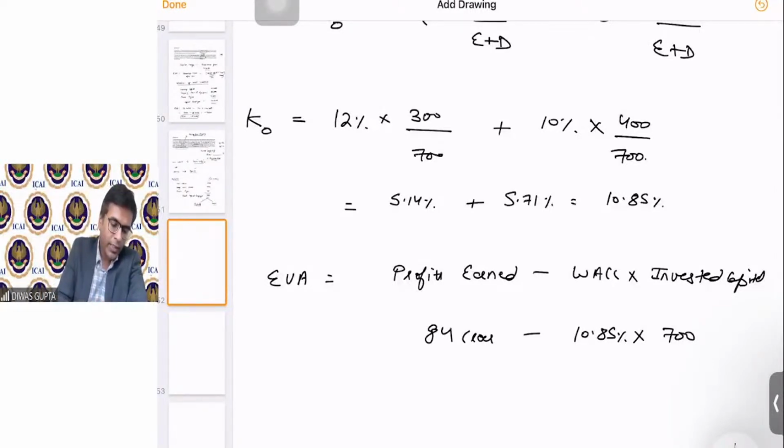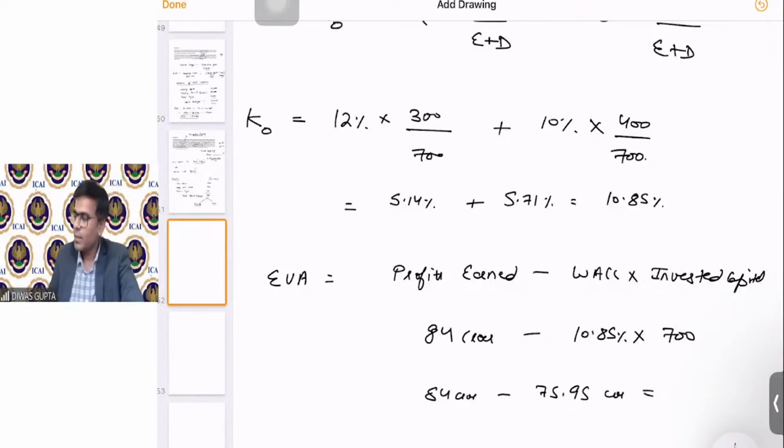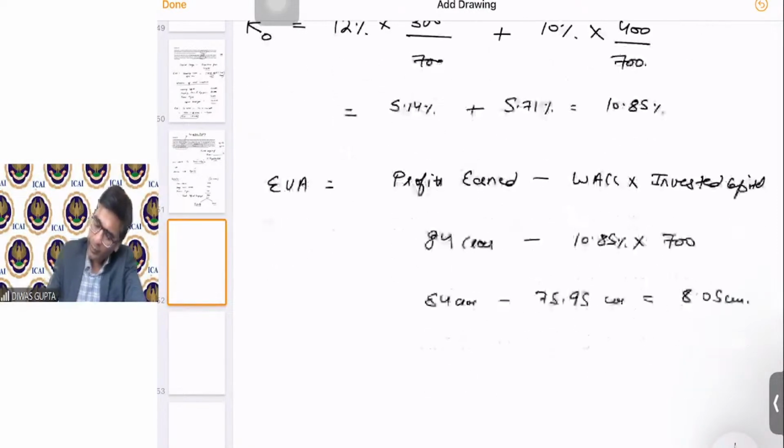So 10.85 into 7, it comes as 75.95 crores. 75.95 minus 84, it comes as 8.05 crores. Okay. So EVA is equal to 8.05 crore.